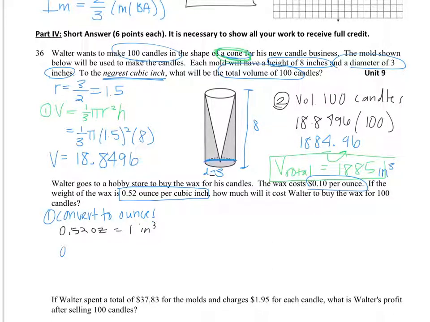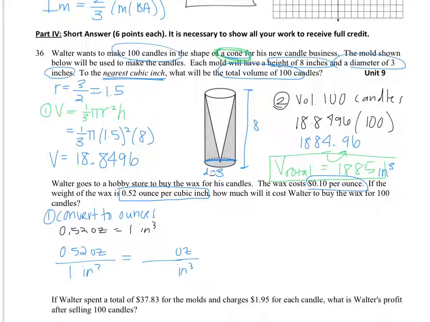I always take that 0.52 ounces and put it over the 1 inches cubed. In this method, we're going to be writing a proportion, so I want ounces on the right side over inches cubed on the bottom. Because again, in proportion, you have to be consistent.